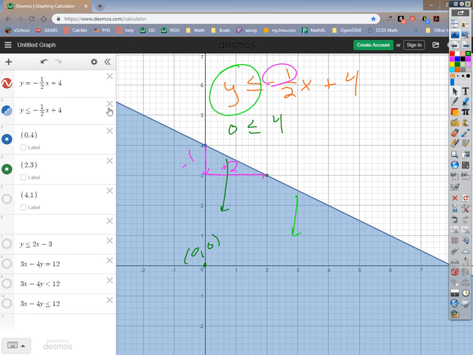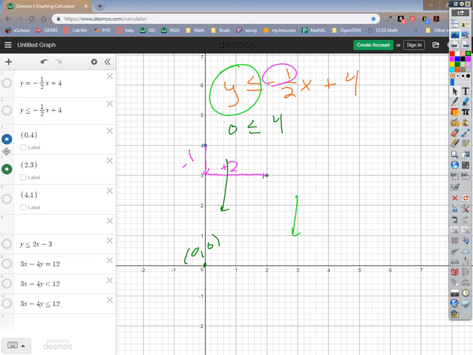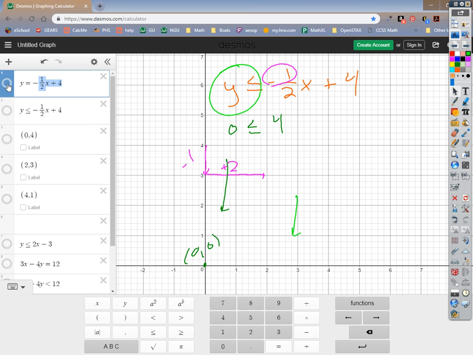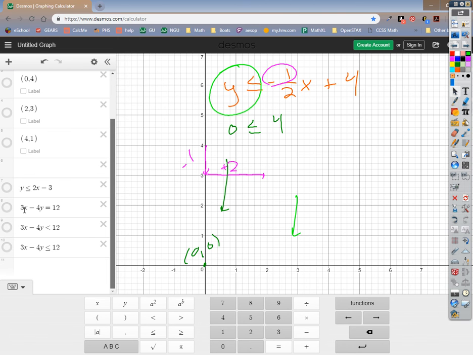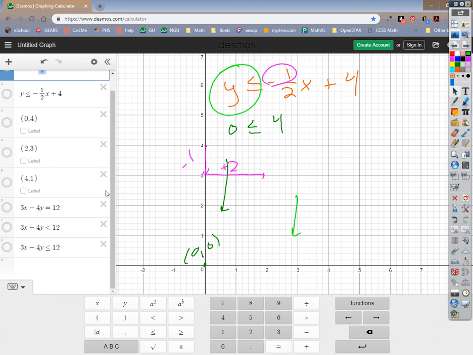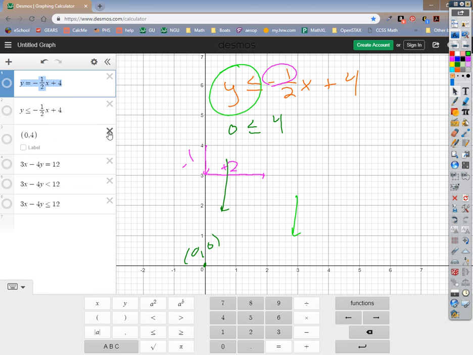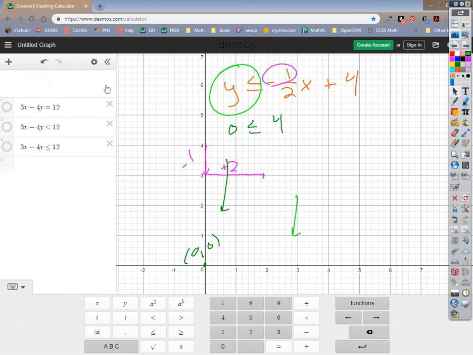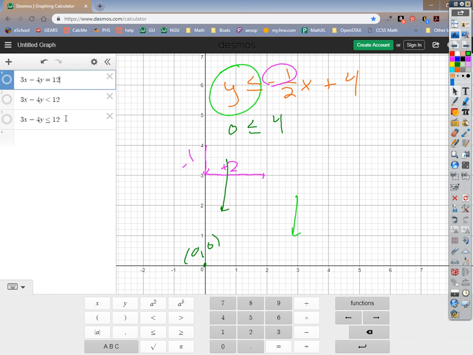One more example and we're good. Let's pick one. This time we're going to pick one that's written in a different form. We're going to try one in standard form on your paper. So let's do, actually I got one right down here. Let's do that guy. Right there, 3x minus 4y is less than 12.